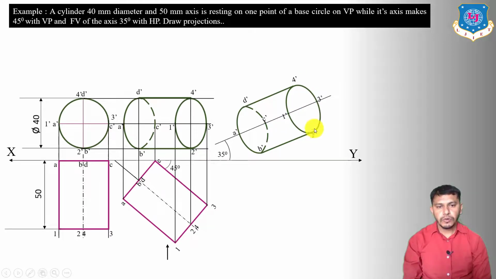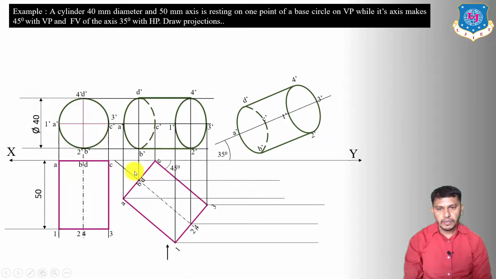Now we are going to draw the top view in the last stage. To draw the top view, first of all we have to draw the locus from this figure, or from the top view in the second stage. So draw the locus from A, B, C, D and 1, 2, 3, 4. Locus of A, locus of B, D, locus of C. This will be the locus of 1, 2, 4 and 3.